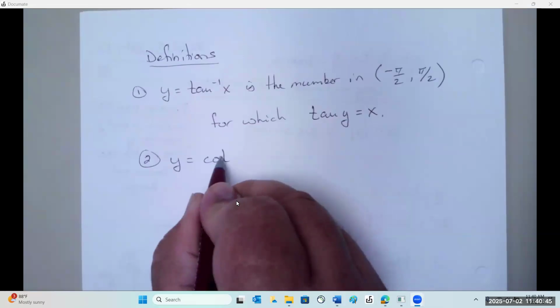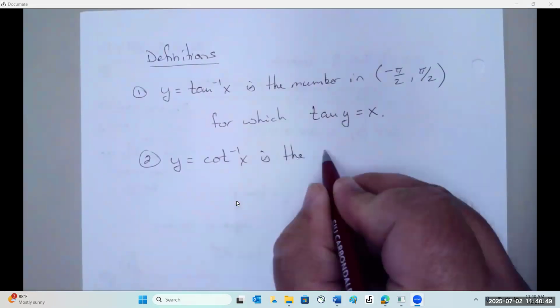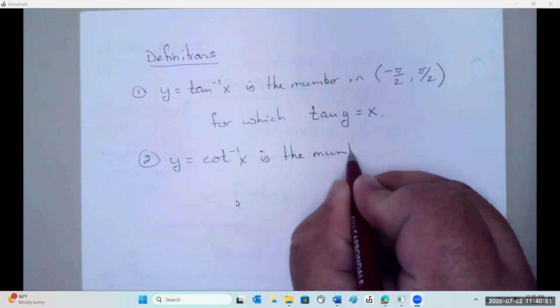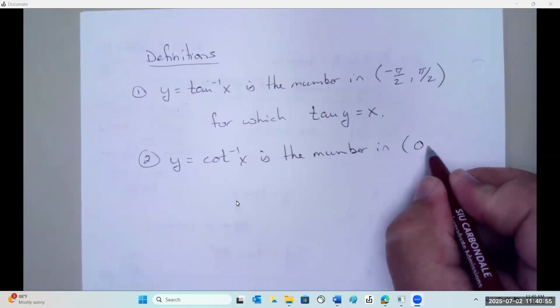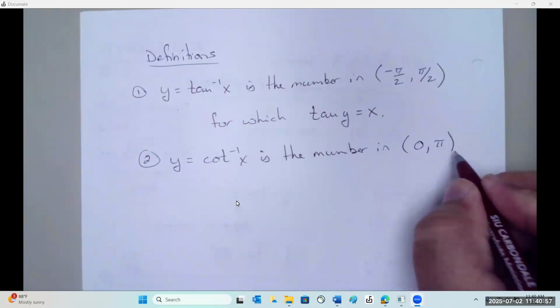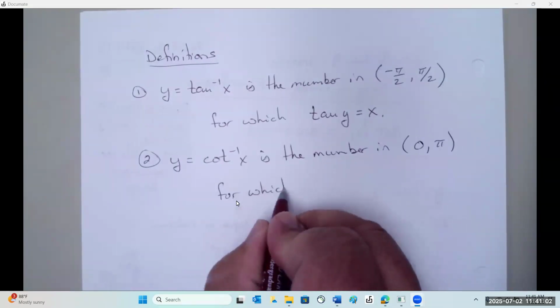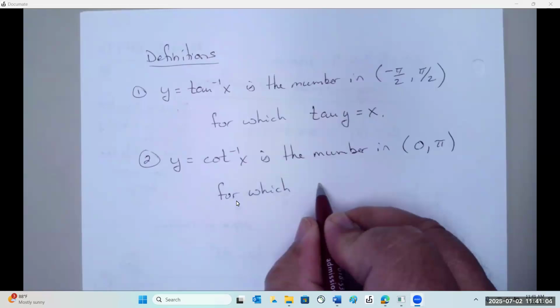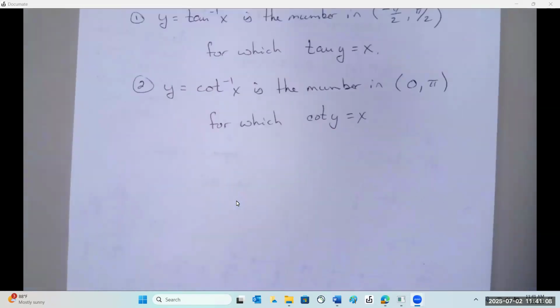Y equals the inverse of cotangent of x is the number in the interval 0 to pi for which cotangent y is equal to x.